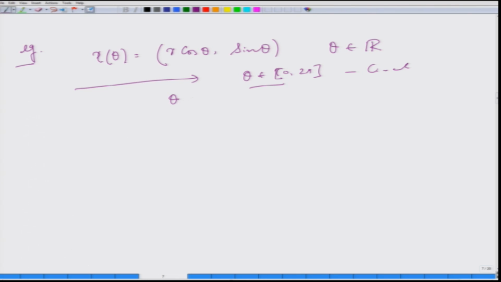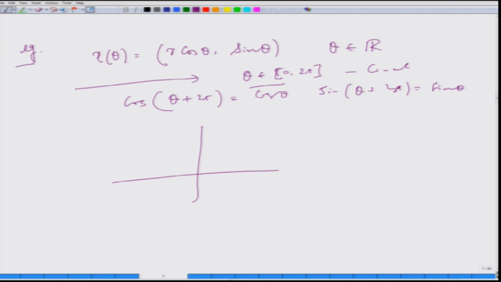But now if I go for any theta plus 2 pi, since cos and sin are 2 pi periodic, if I extend it, I remain on this circle, I do not move anywhere other than that. So, this is a simple closed curve on R2.